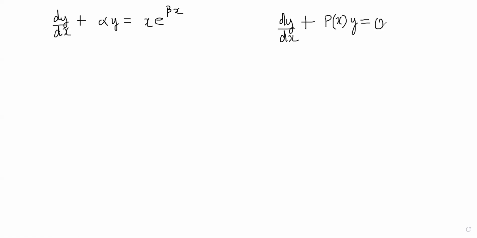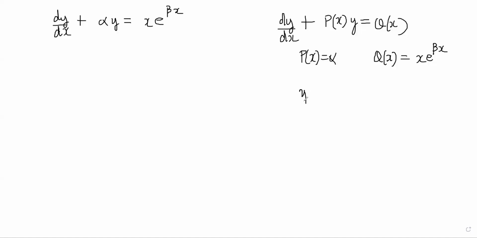So let's look at our differential equation: dy/dx + αy = x e^(βx). This is a linear differential equation of the standard form dy/dx + P(x)y = Q(x). Here, P(x) for us is α and Q(x) is x e^(βx).